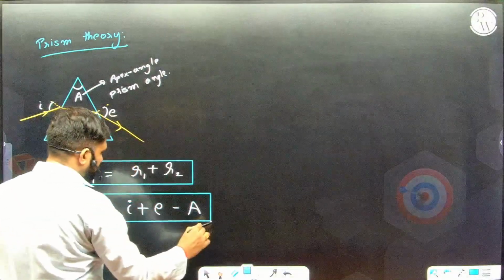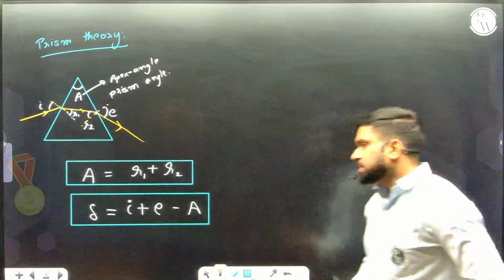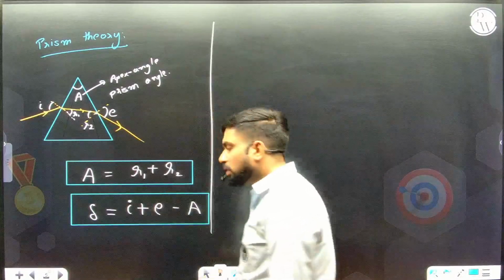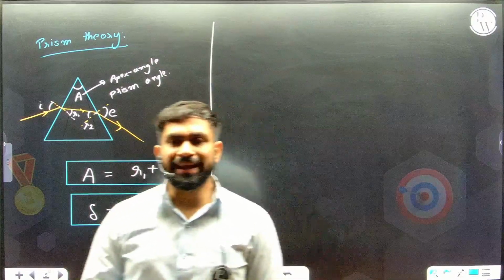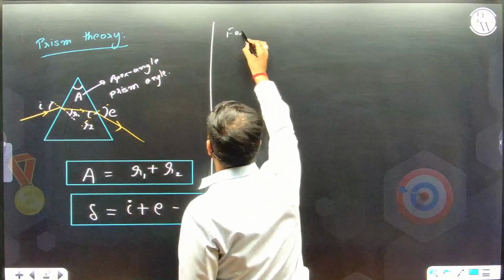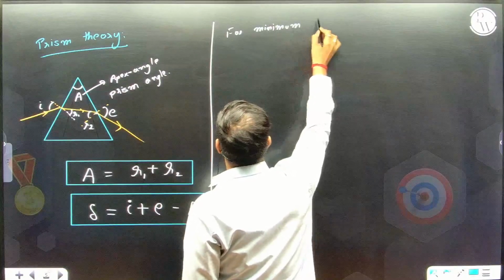These two formulas I must know for the prism theory. Get it? Now, for the prism, if we talk about minimum deviation and thin prisms, the result for minimum deviation will hold true for thin prisms also.